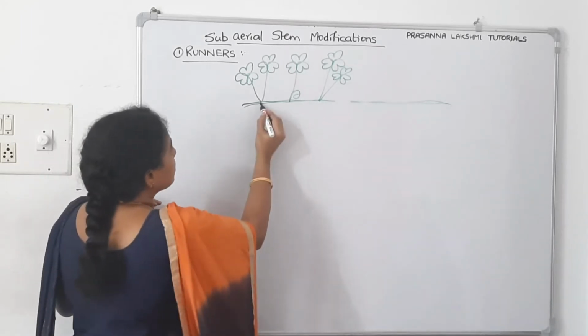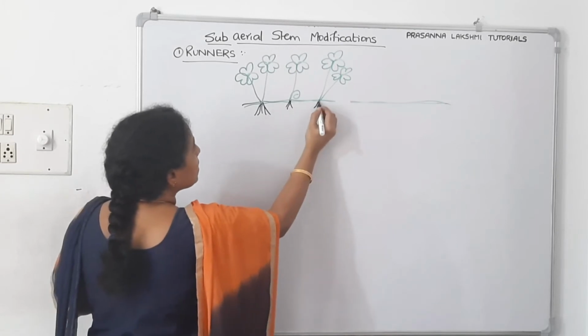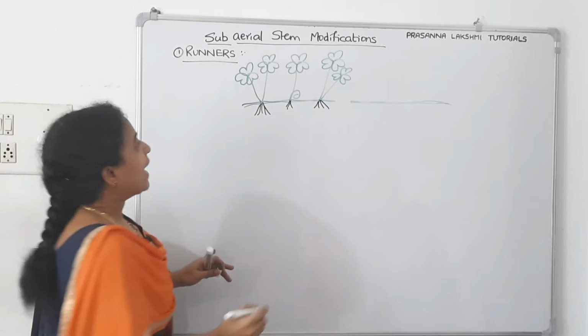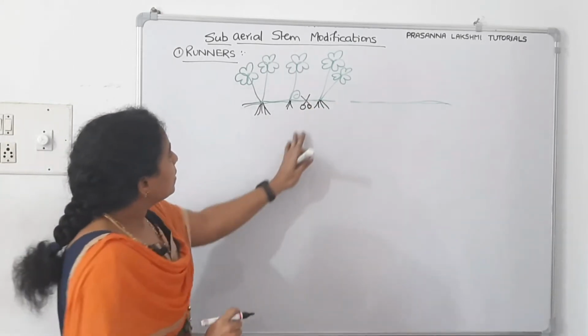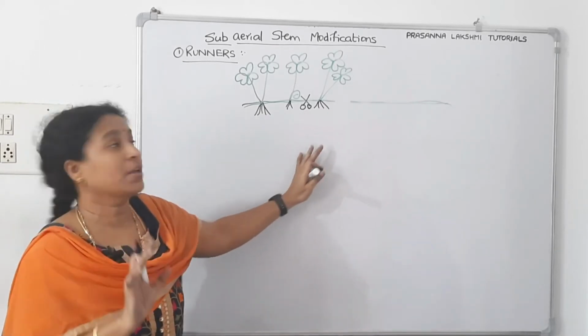So this is the main root and all these are adventitious roots. And suppose by any damage you cut it, this becomes a new plant, this becomes a new plant. It means it helps in vegetative propagation.